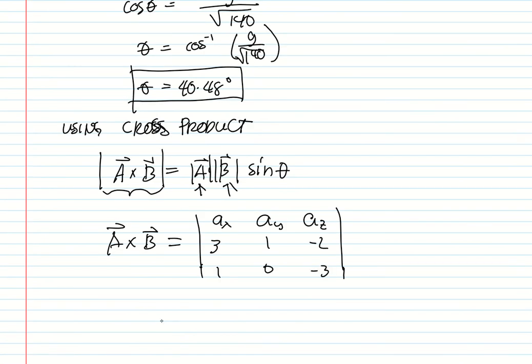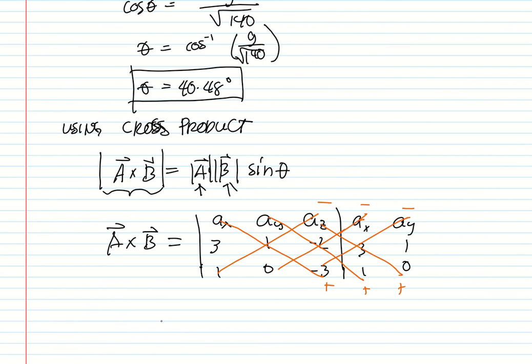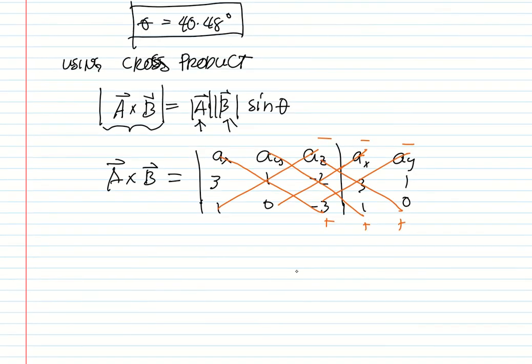Then to compute the determinant, we can copy the first two columns, 3, 1, and 1, 0. Then all downwards are positive. All upwards are negative. So for the positive ones, we have ax times 1 times negative 3. That's negative 3ax.